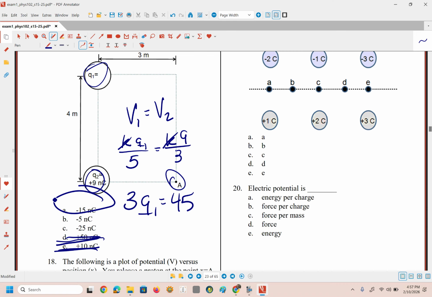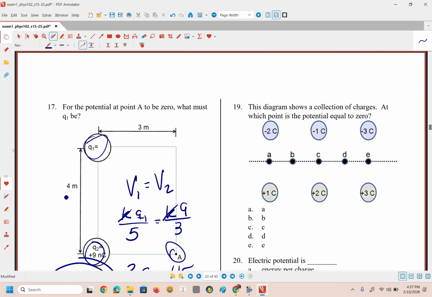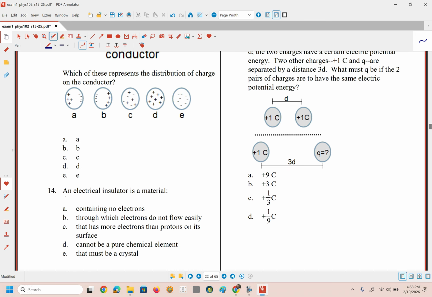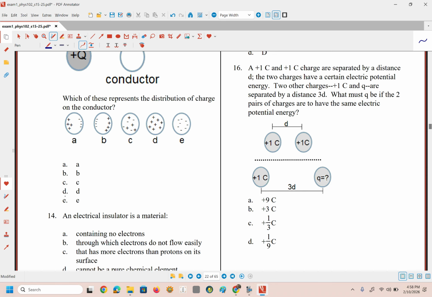Is that all, folks? Yeah, Kate. Can you do 16? Of course. Okay, I want these to have the same potential energy.